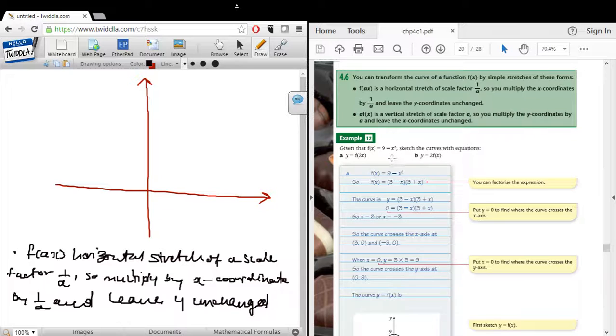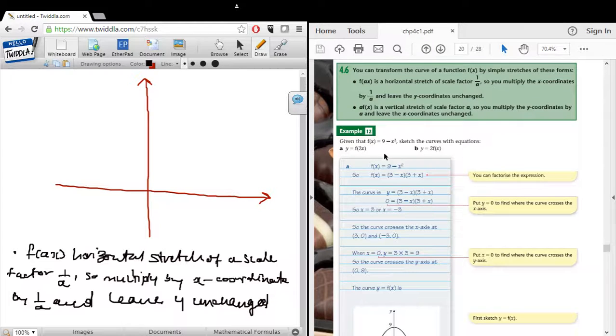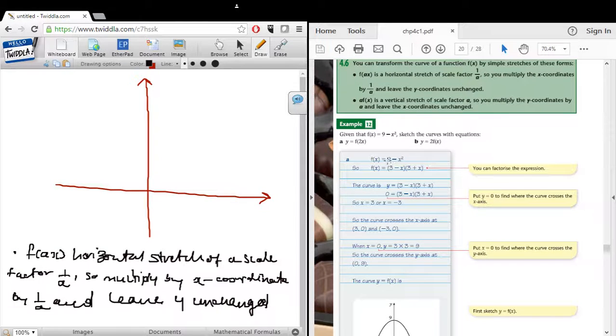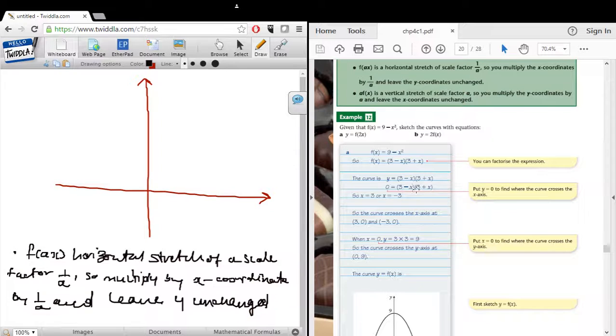So given that f(x) equals 9 minus x squared, and then you have f(2x). Okay, so what they've done here is they have 9 minus x squared. So this is the factorized form, and then they've obviously said, right, where does it cross the axis?